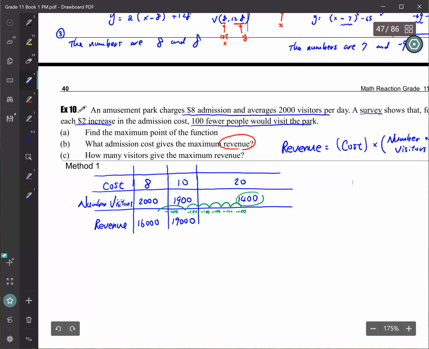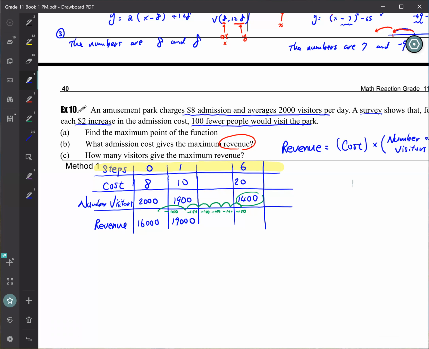One more row is called the steps, because the number of times you increase is important. For example, if there are no steps taken, then it's $8. If one step, then it will be $10. If it's 6 steps, it will be $20.